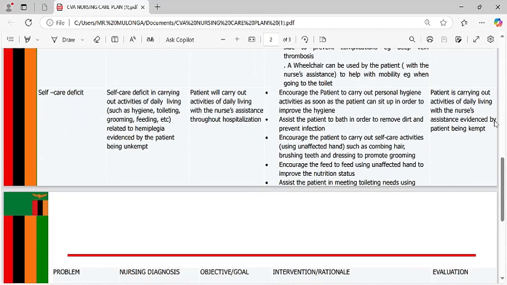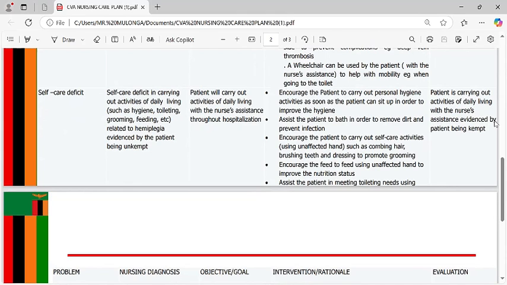So we'll move to the nursing diagnosis. Nursing diagnosis is self-care deficit in carrying out activities of daily living related to hemiplegia, evidenced by patient being unkempt.